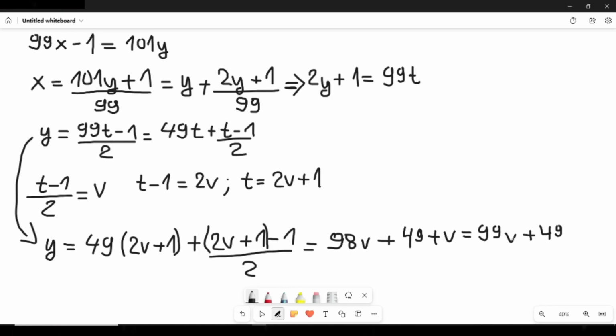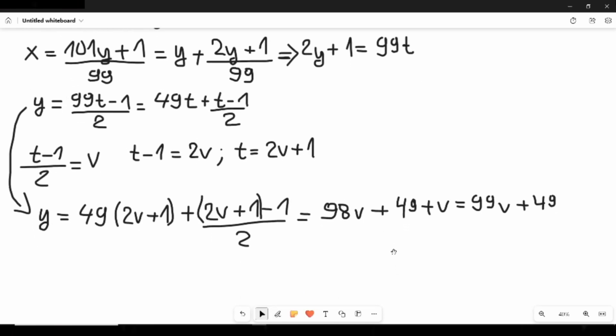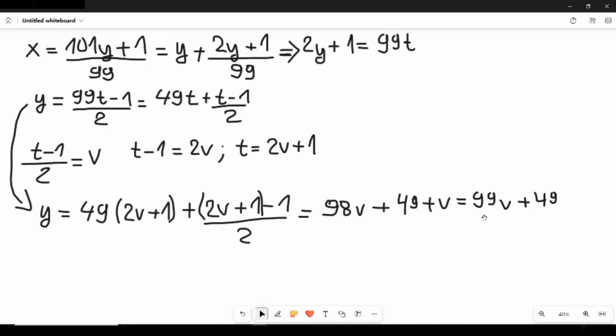It doesn't have to be natural, of course, so we can put it 0, and from that we can say from now on, even though we don't know the x, that y is 49, because when we put v to be 0, we can solve the problem.